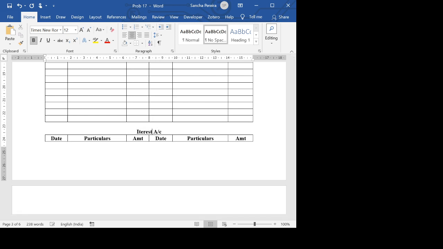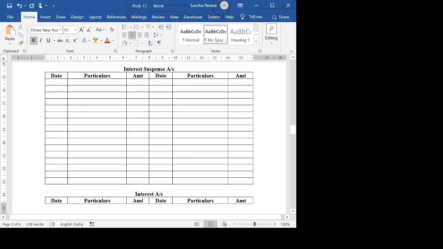Though there's depreciation, I'm not opening the depreciation account. I've already shown you in one problem how the depreciation account would look. Most likely they're not going to ask you the depreciation account, so you don't need to open that. Is that clear? So let's start posting the entries.